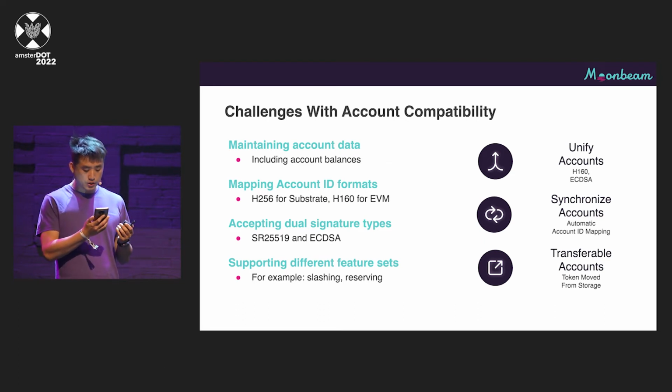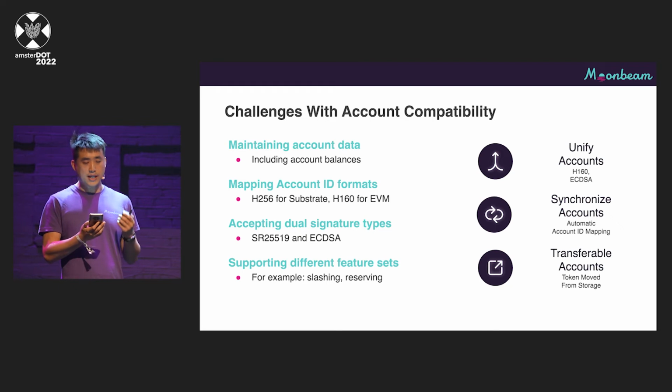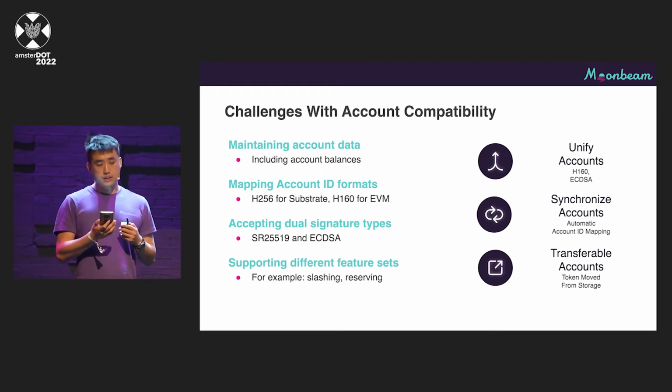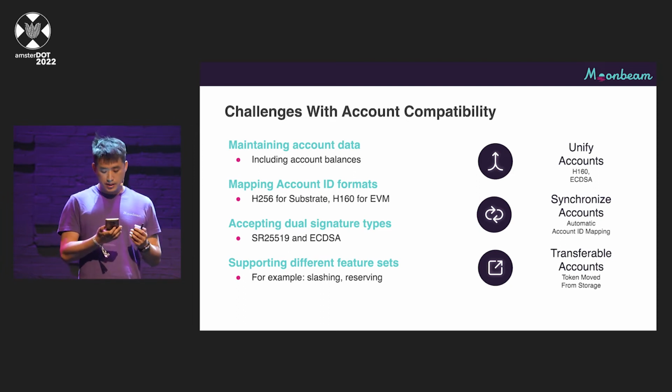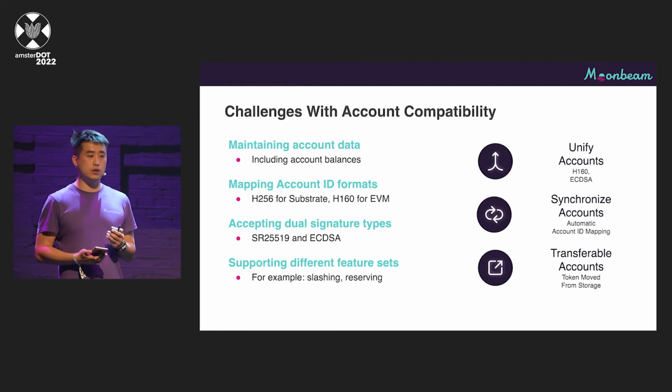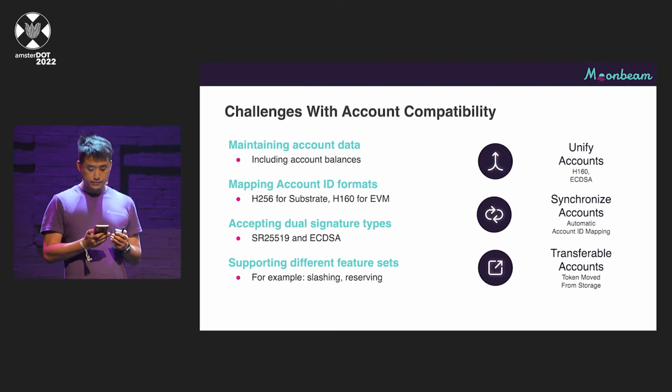And then finally, Substrate and Ethereum also use different encryption signing schemes. The signing scheme used for Substrate is called SR25519, and the one used for Ethereum is called ECDSA.